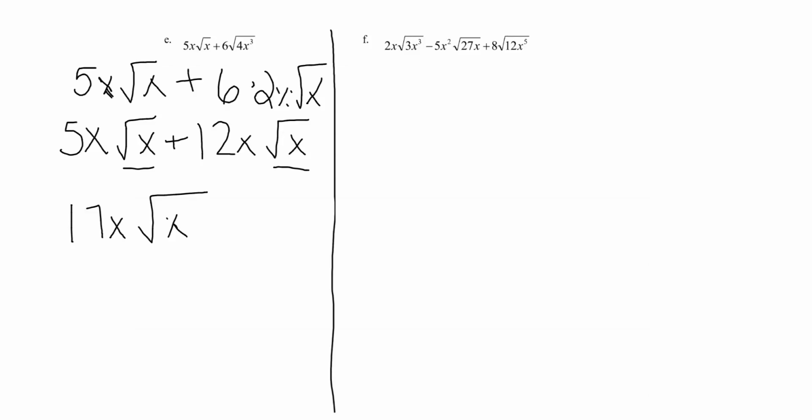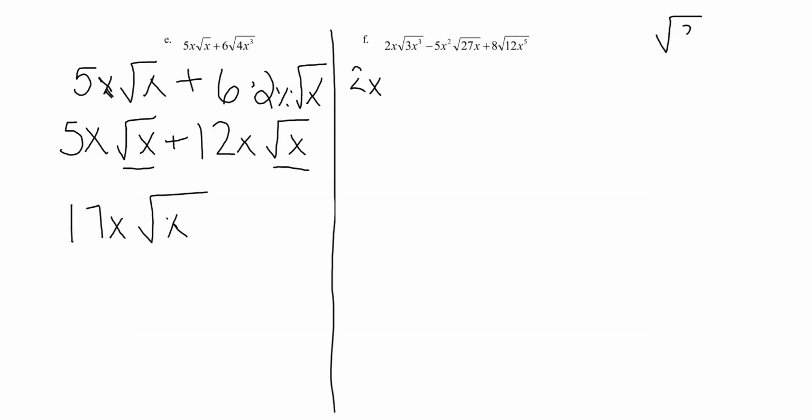Okay, F. Again, we want to simplify our radicals as much as we can. My first one, we have 2x and then 3x cubed. I can pull out 1x from there because 2 divides into 3 one whole time with an extra left over. So what I'm going to do is I'll write it off to the side here.